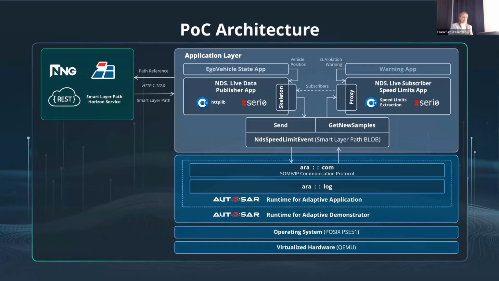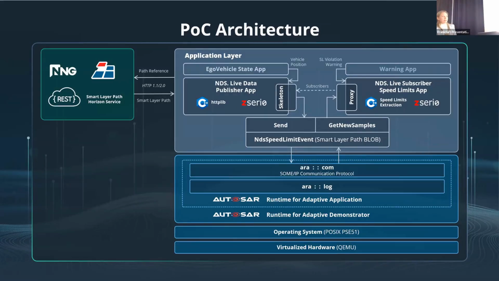Now to the logic. What happens? The publisher application is responsible for communication with the NDS.Live smart service, and for packing and sending the coordinates, the vehicle position. That's why we need the C++ bindings and zero runtime there.